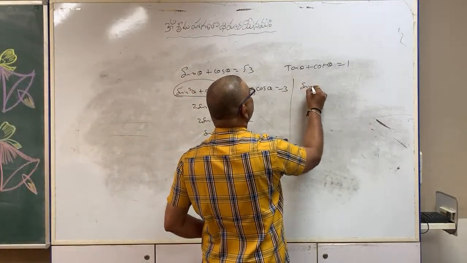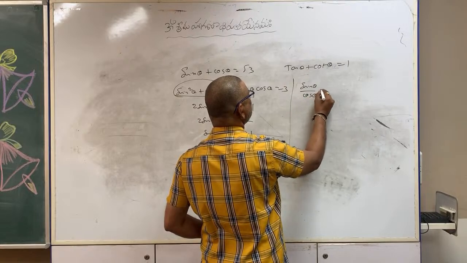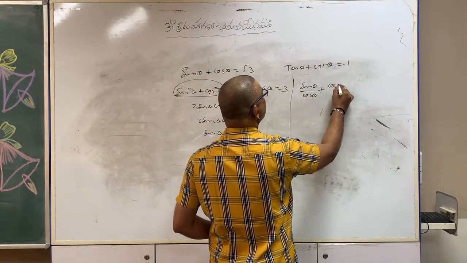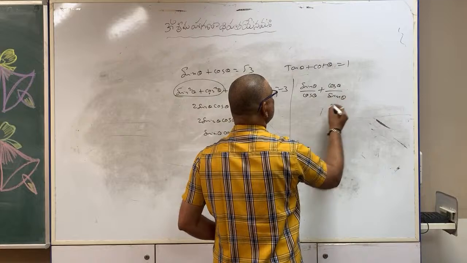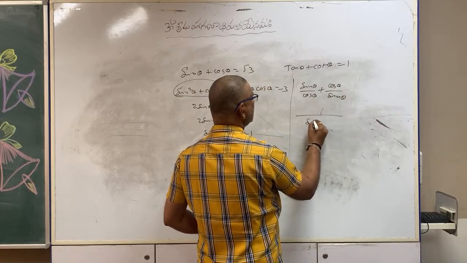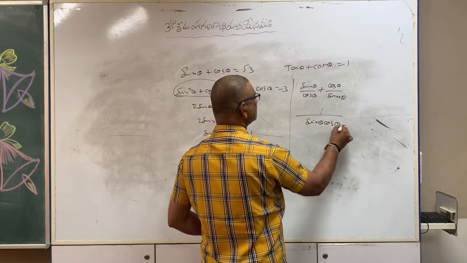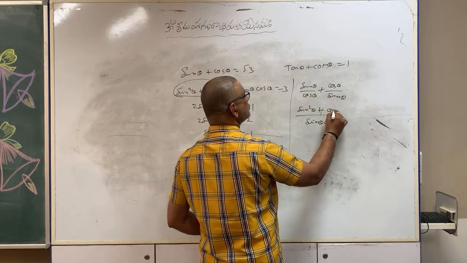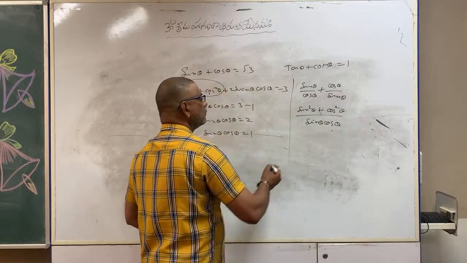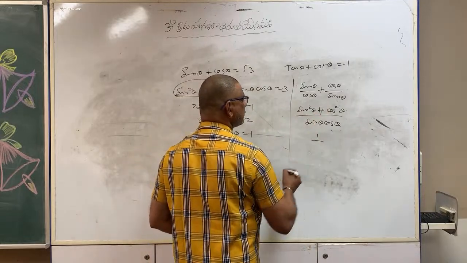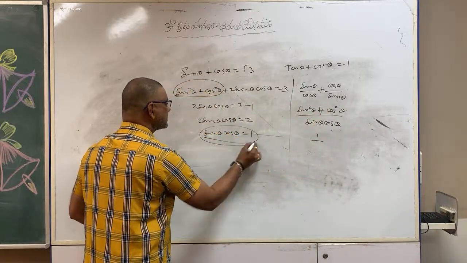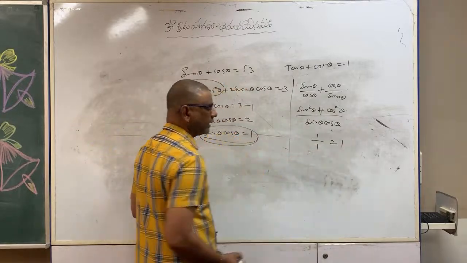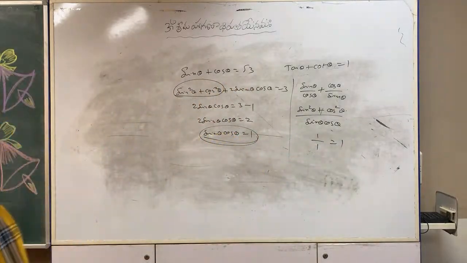Tan theta, I am writing it as sin theta by cos theta. Cot theta is cos theta by sin theta. Taking LCM, sin theta cos theta, here you will get sin square theta plus cos square theta. We know sin square theta plus cos square theta is 1, and sin theta cos theta is 1. So 1 by 1 is 1. It's a 5 marks question.